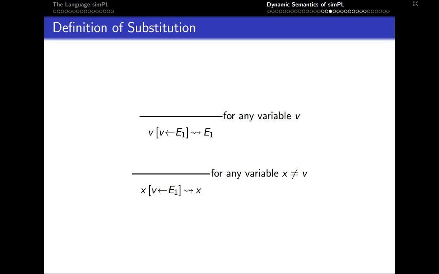We were just talking about a function where the body would not contain the variable. So if I have a variable x and I want to replace the variable v, which is not equal to x, that doesn't have the same name as x, by expression E1, that doesn't perform any replacement. I still get back x. Is this clear that we're going to need this kind of case? Cool.